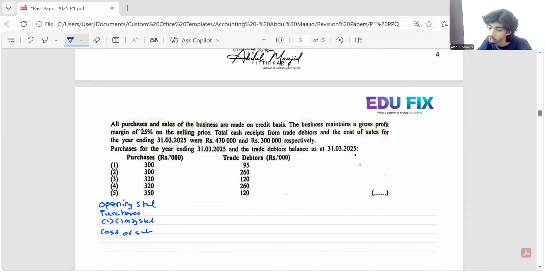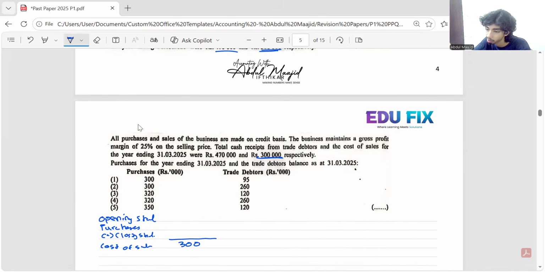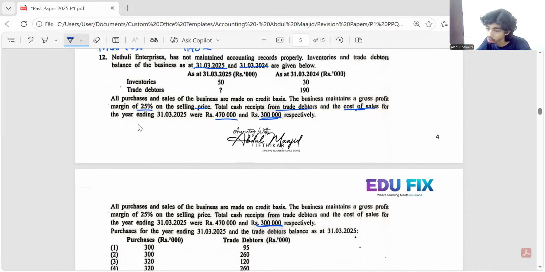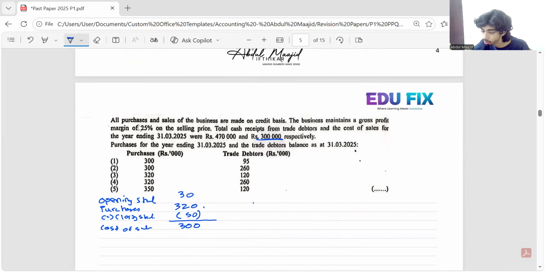Cost of sales is given as 300,000 in the question. Opening stock is 30, closing stock is 50. You can reverse and find the purchase value: 300 plus 50 minus 30. That will be 320.